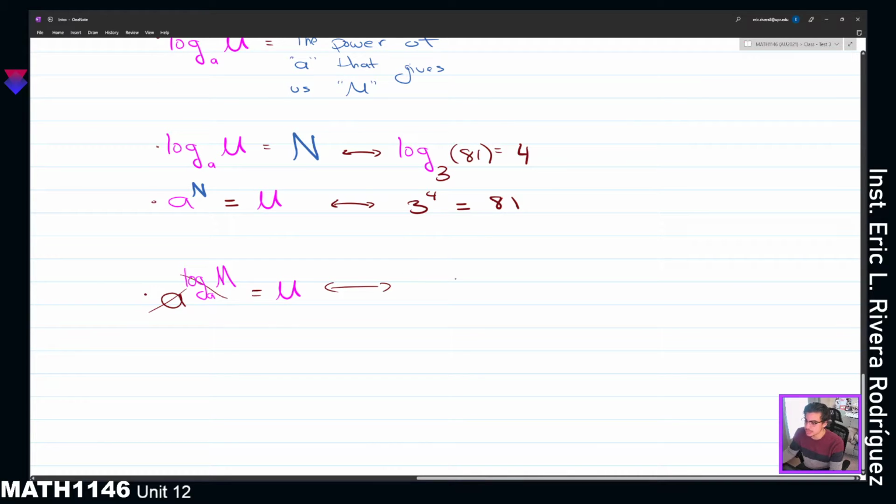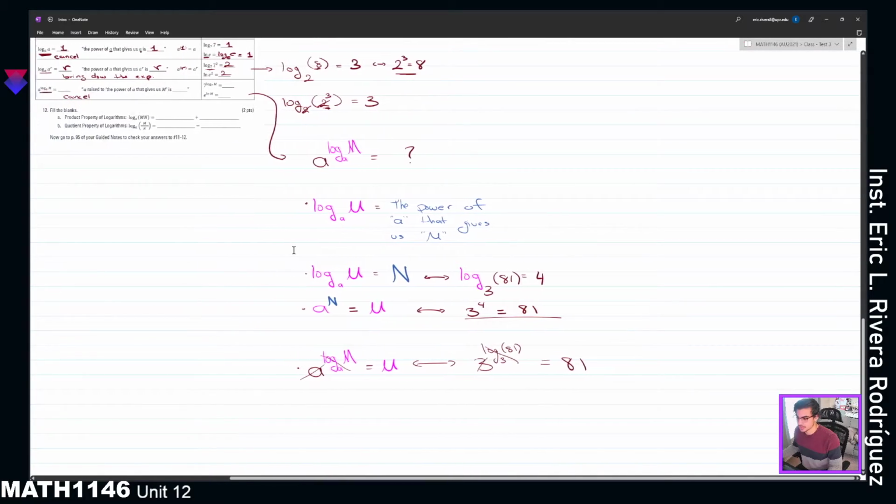Let me give you an example. So 3 raised to the power of log base 3 of 81. Okay, log base 3 of 81 is equal to 4, so this is the same as 3 raised to the power of 4, but 3 to the power of 4 is just 81. So it's like canceling this 3 with this log base 3 and just taking down the argument. Okay.